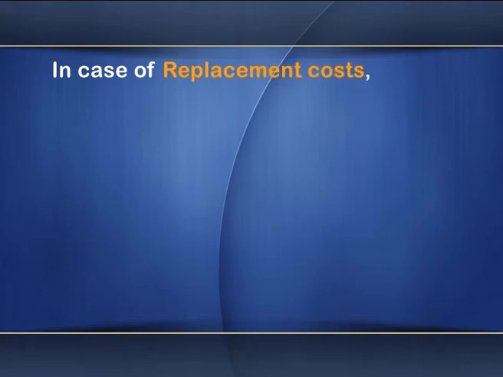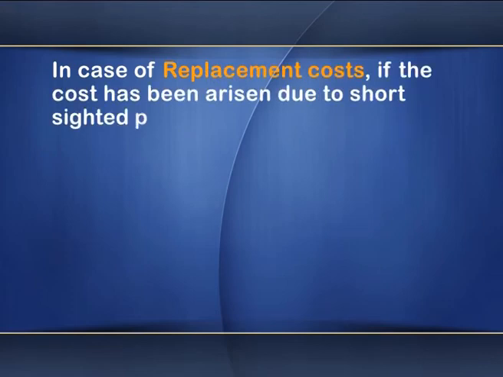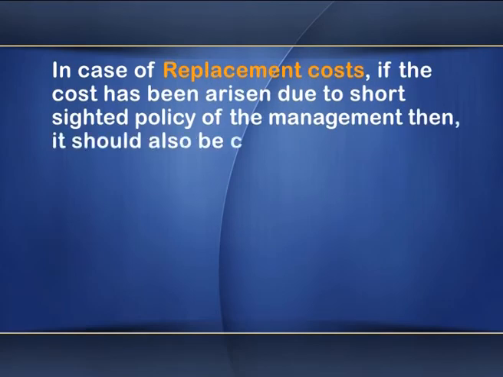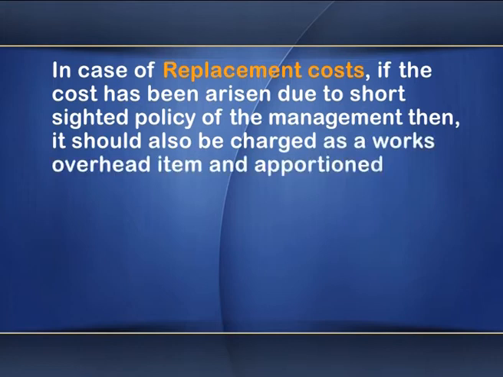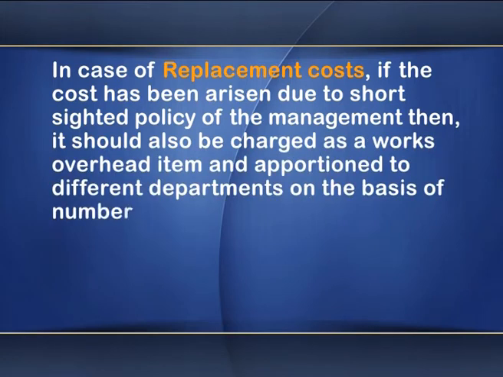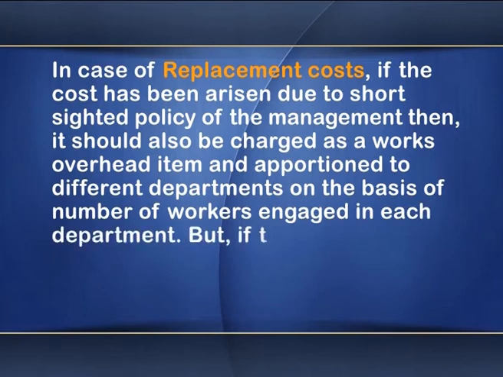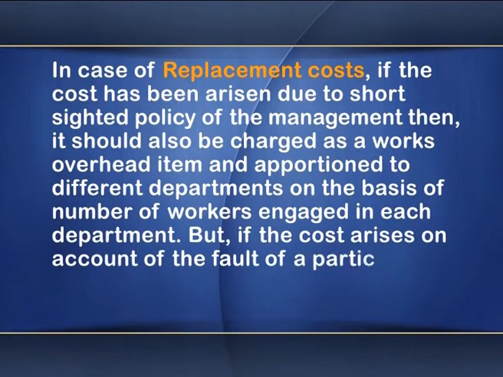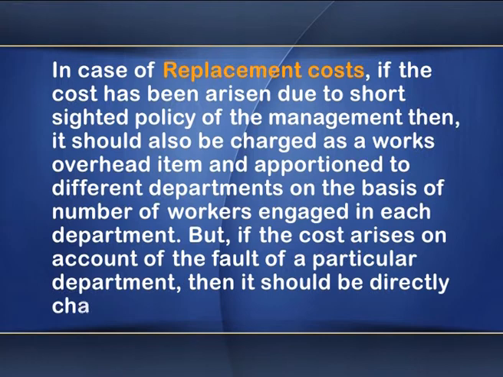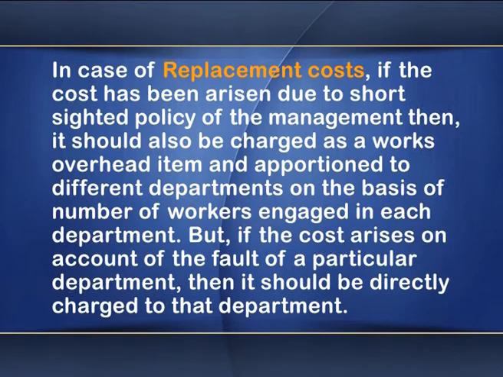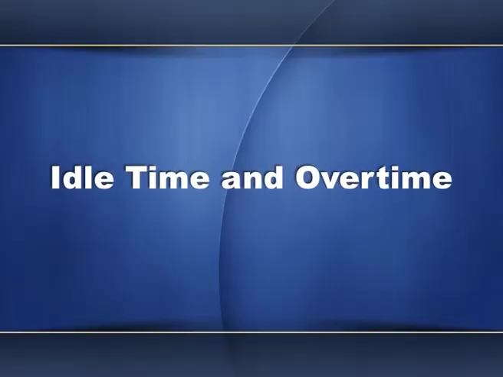In the case of replacement costs, if the cost has arisen due to a short-sighted policy of the management, then it should also be charged as a works overhead item and apportioned to different departments on the basis of the number of workers engaged in each department. But if the cost arises on account of the fault of a particular department, then it should be directly charged to that department.